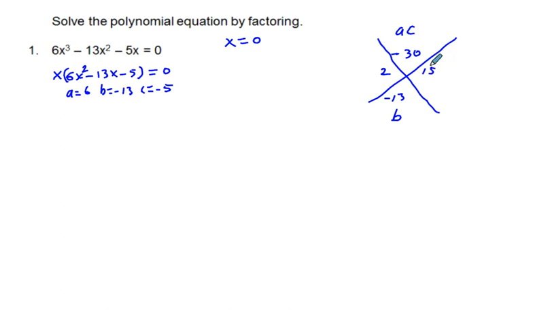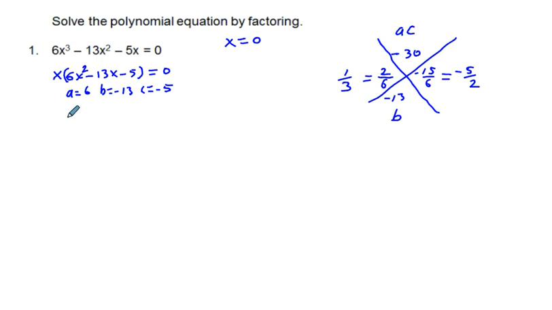Because if we take 2 times negative 15, we get negative 30, and 2 plus negative 15 is negative 13. Then we divide by a, and a is 6. And then we have 1/3. And then on the right, we simplify to negative 5 over 2.